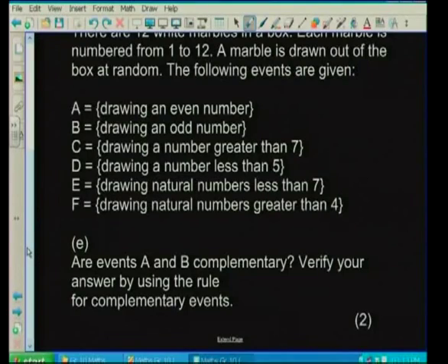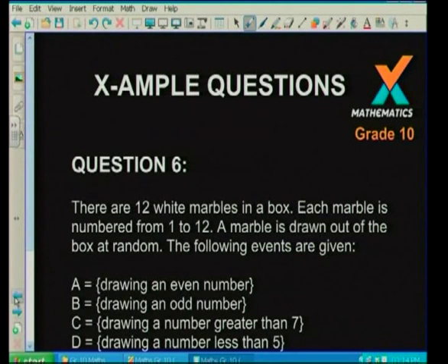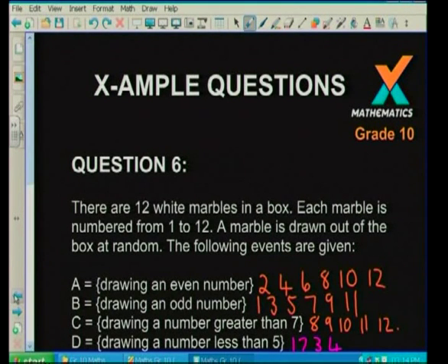Still dealing with the very same thing. The question asks us, are events A and B complementary? Verify your answer by using the rule. Now, guys, they are complementary. The reason they are complementary is because they are mutually exclusive and exhaustive. But let's have a look at what I mean in terms of our Venn diagram.